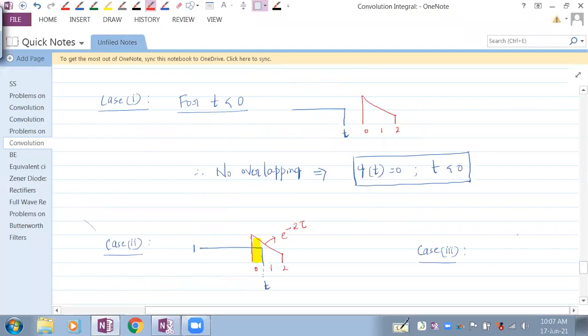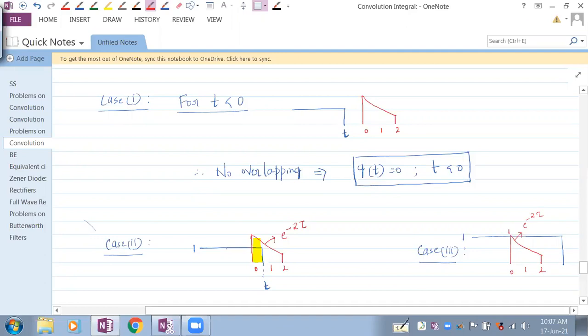You have the stationary signal like this, 0, 1, 2, and this is e power minus 2 tau. And your moving signal, which is 1, is this. This is also 1, and this red signal is also 1 at 0. So that was not taken care of here.